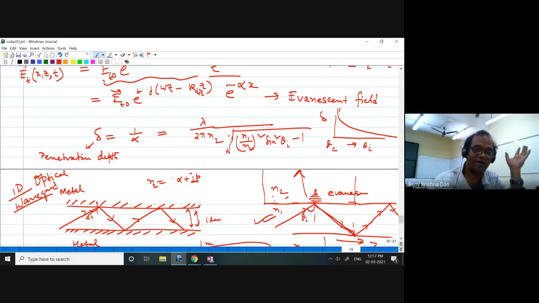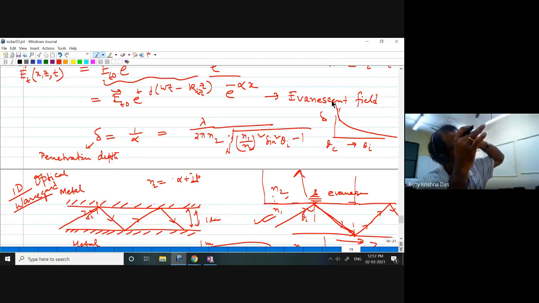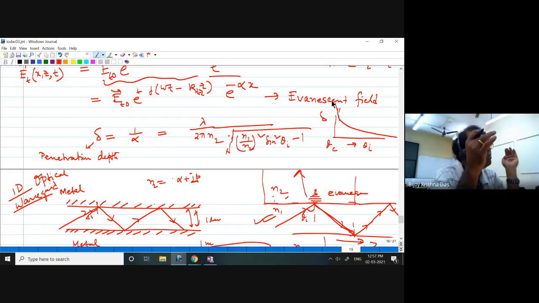So at theta I equal to theta c, your penetration depth is infinity. But theoretically, you are supposed to get total internal reflection. Practically, to get that, you need an infinitely extended cladding region. That is not possible. So you don't actually get the real essence of total internal reflection at theta equal to theta c.